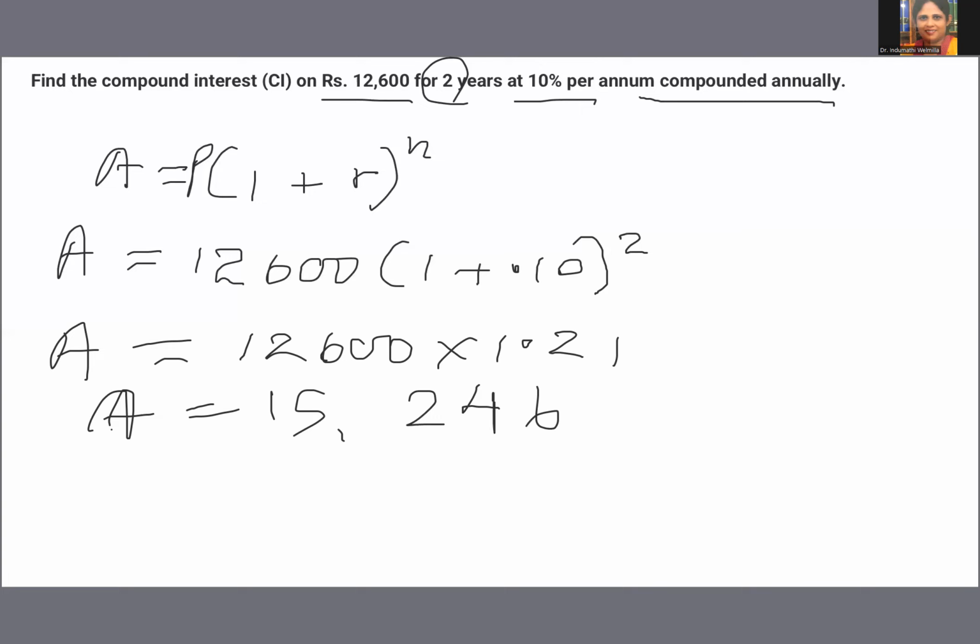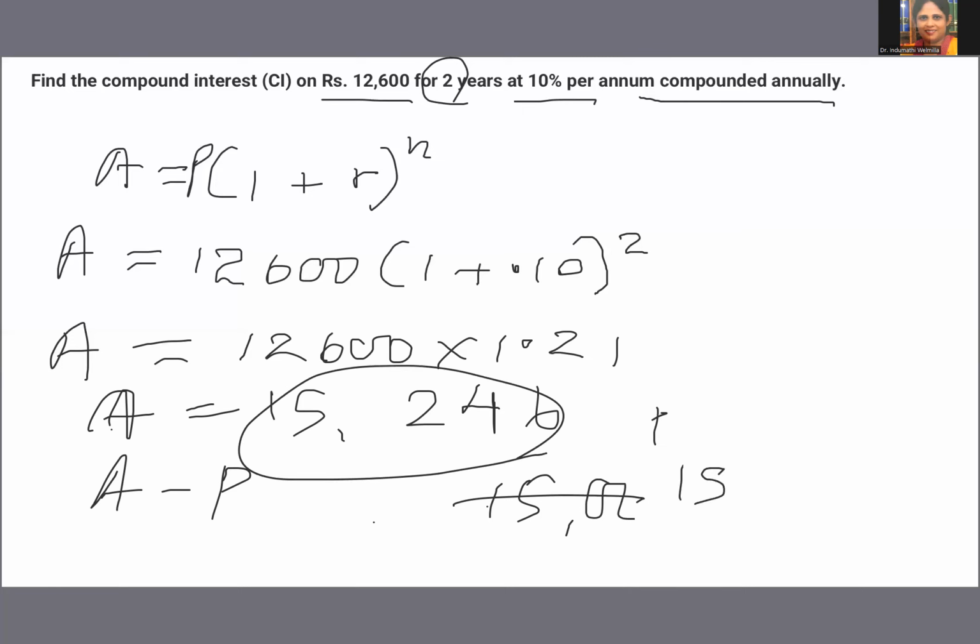So this is the total amount. If you want to know only the compound interest, then you can deduct the principal amount from this A.